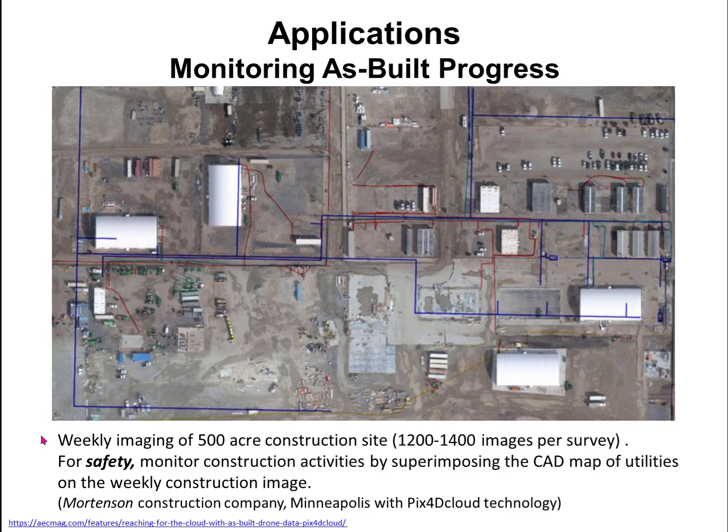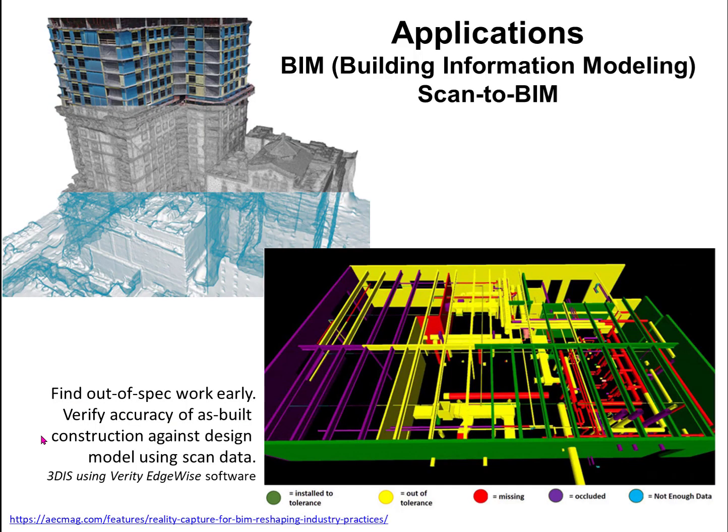And it's all for safety. So they monitor the construction activities by superimposing the CAD map of utilities, which include gas lines, on the weekly construction map and make sure that they're avoiding the gas lines and other essential utilities.